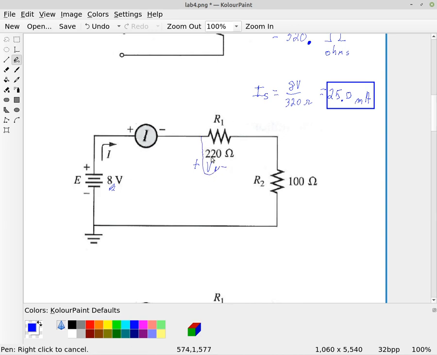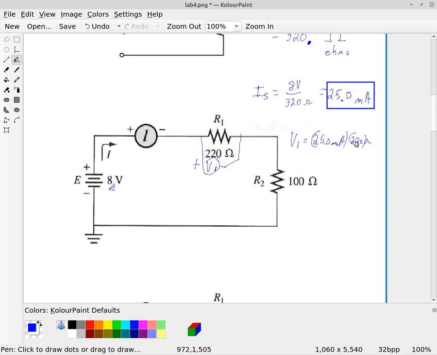If we put a voltmeter on this resistor, we can measure this voltage, V1. So V1 now becomes the 25.0 milliamps times the 220 ohms.